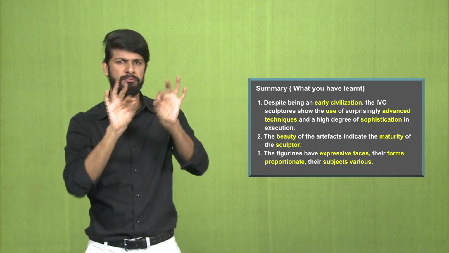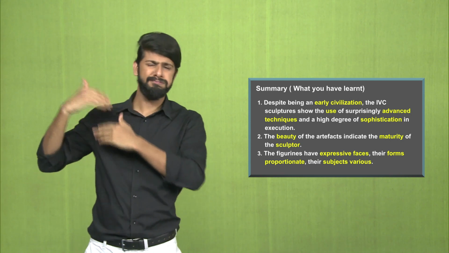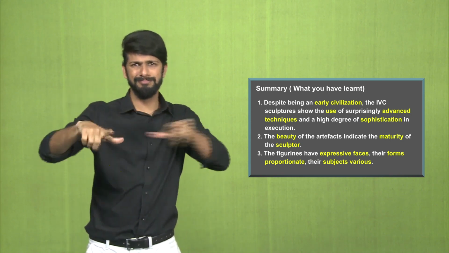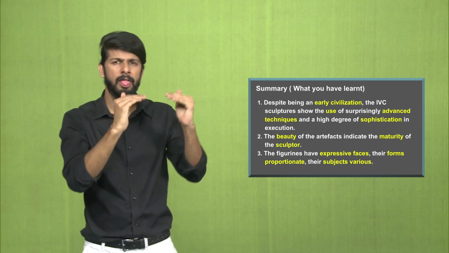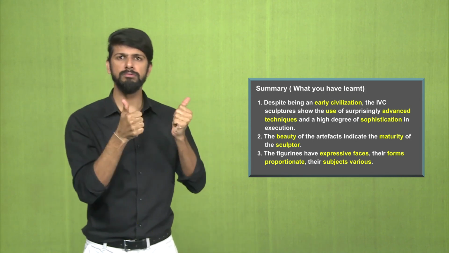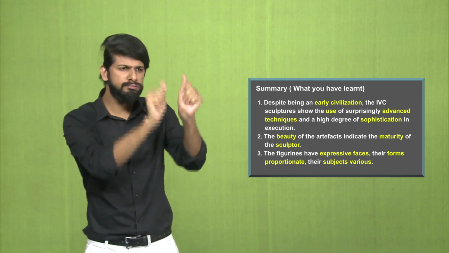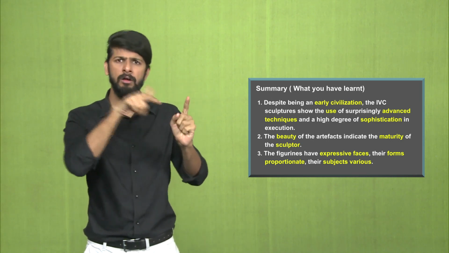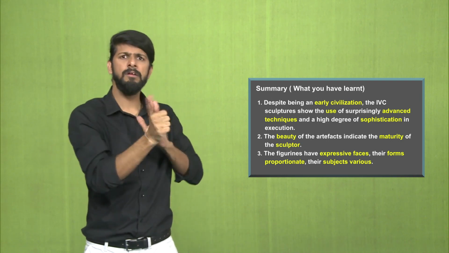So after going through the lesson, we have some important points for us to remember. First, that despite Indus Valley civilization being a very early civilization, the sculptures show us the use of surprisingly advanced techniques and a very high degree of sophistication in execution.